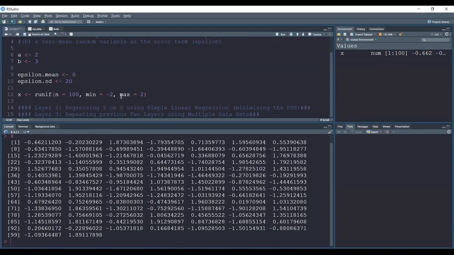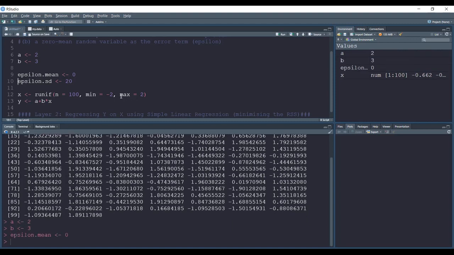Okay. Now, how do you create y? This is synthetic data. We're generating it ourselves. We're not going out and interviewing people or taking measurements. Each y is going to be a function of x. So I say a plus b times x, and that's without the error term.